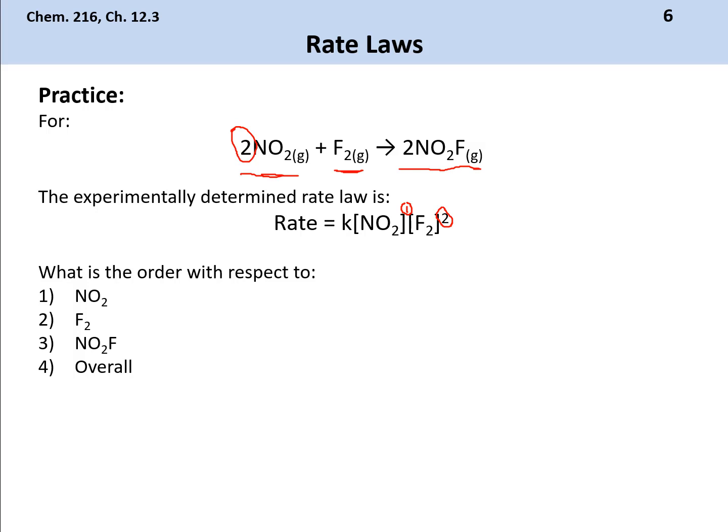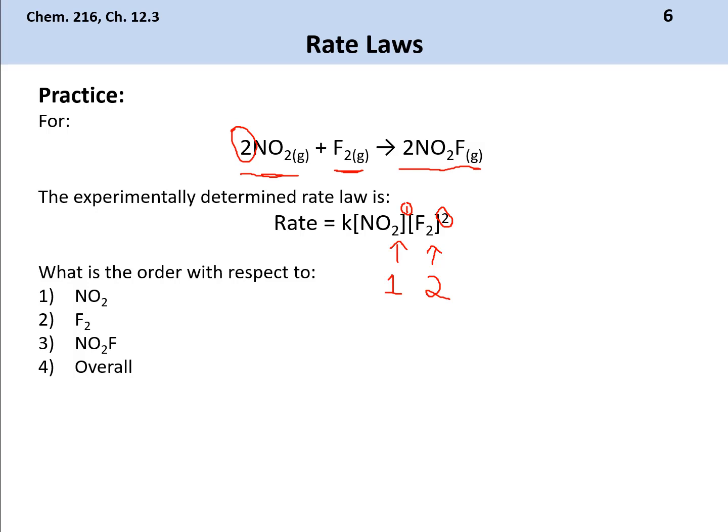They are not necessarily the same. So what is the order of this reaction with respect to NO2, F2, and NO2F? What we're looking for is these values here. So NO2, it's first order. Notice that it's NO2 to the power of 1. F2, it's going to be second order because it's F2 concentration squared.